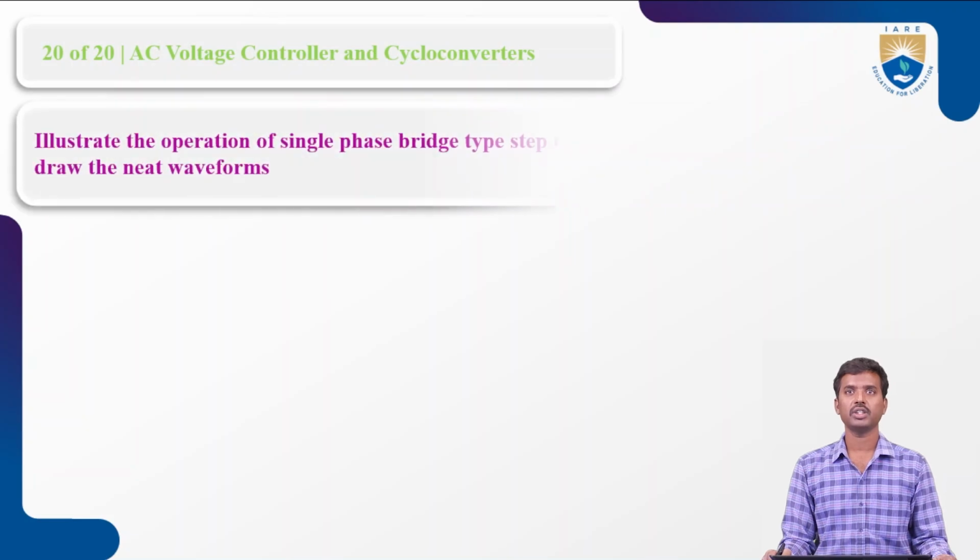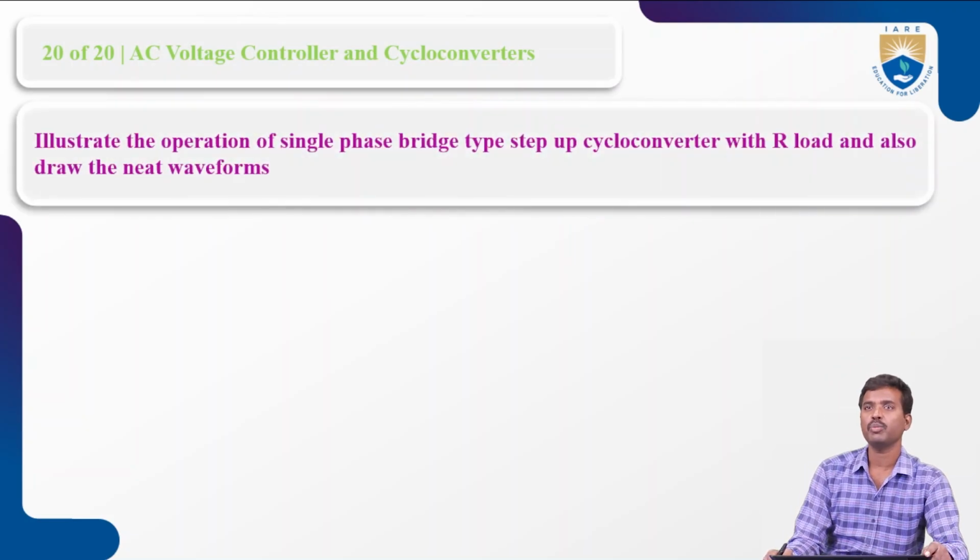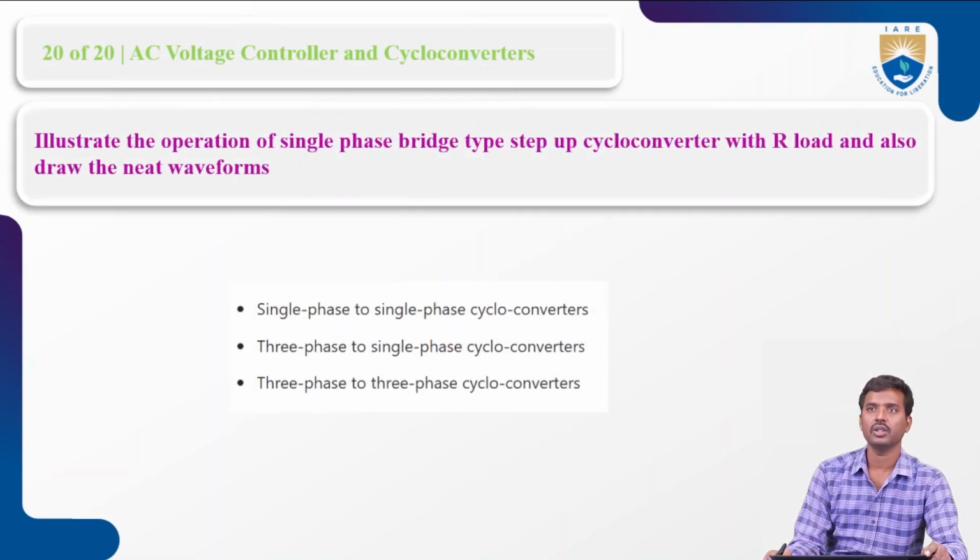The last one is to illustrate the operation of the step up cycloconverter. There are three types: single phase to single phase, three phase to single phase, and three phase to three phase cycloconverter. This topic we also discussed in the previous lecture.